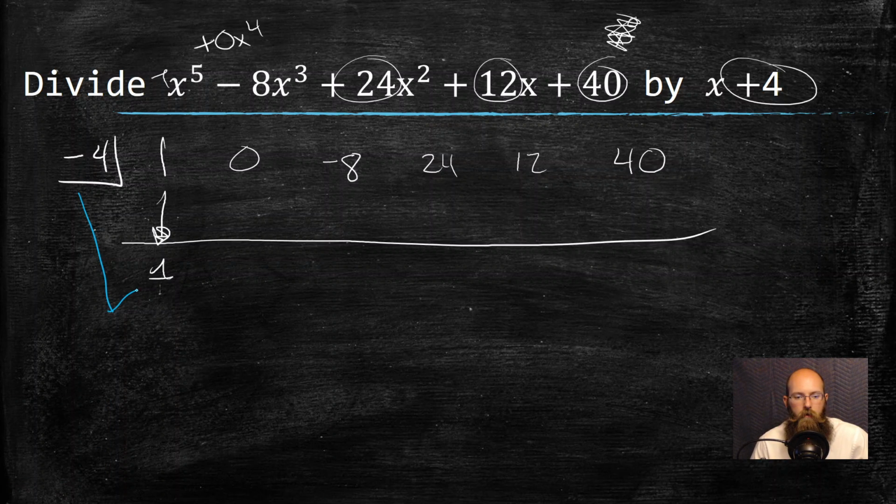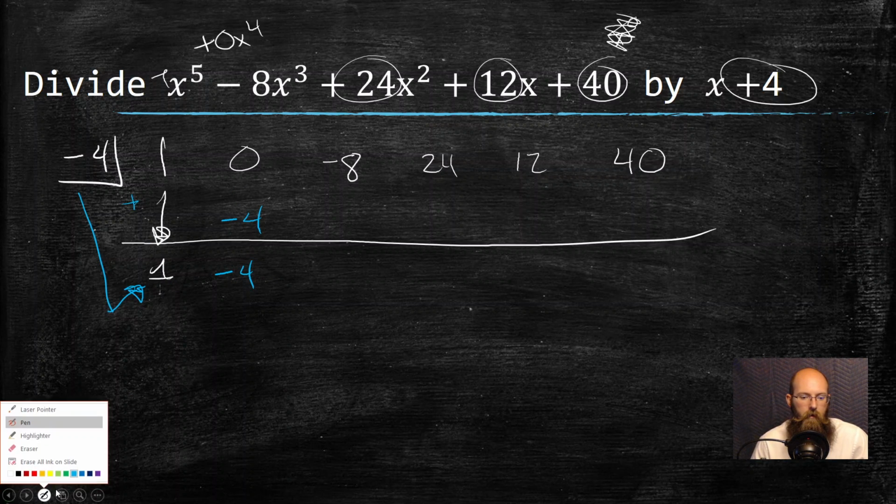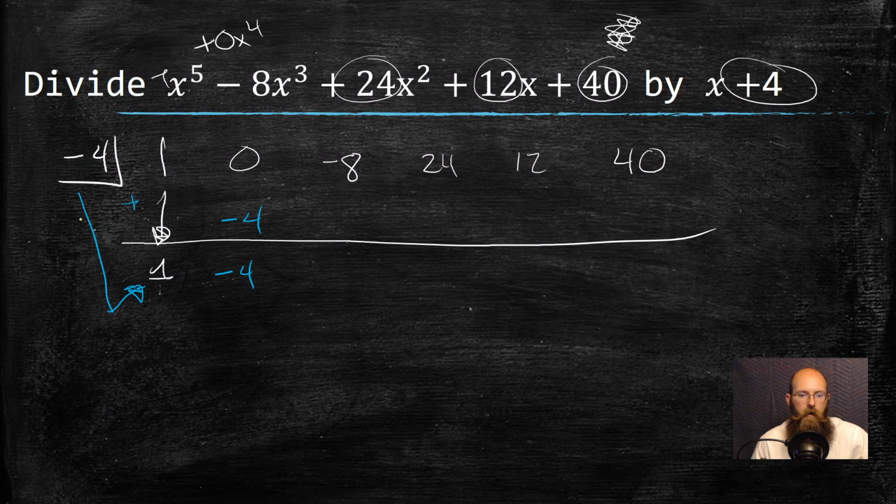Negative 4 gets distributed to that 1, and I get a negative 4 here. I add straight down, and I get a negative 4. And then I take this negative 4, and I distribute to that negative 4, and I get positive 16. And I'm adding these up, so this is now a positive 8.